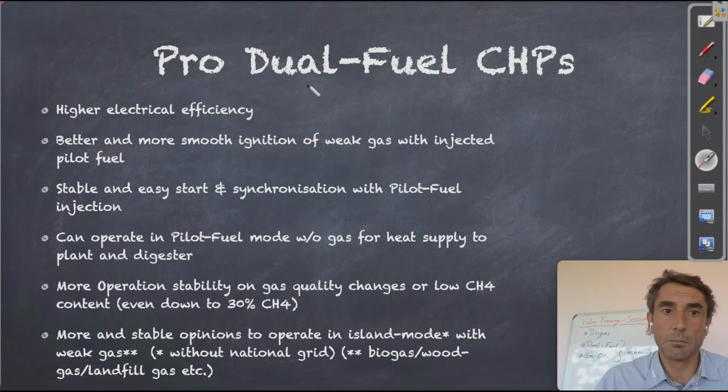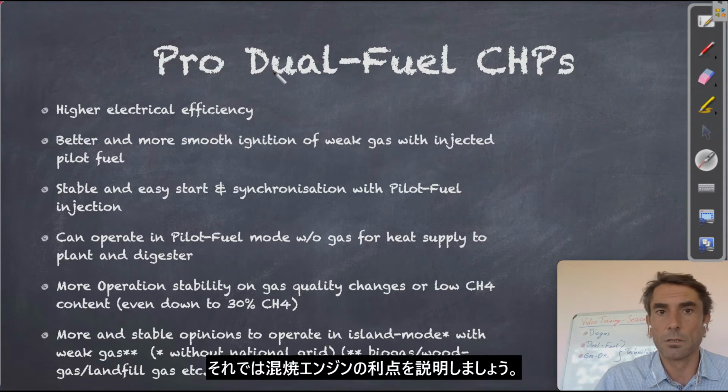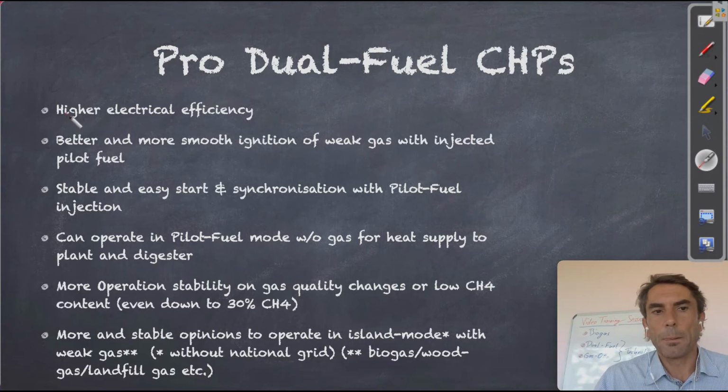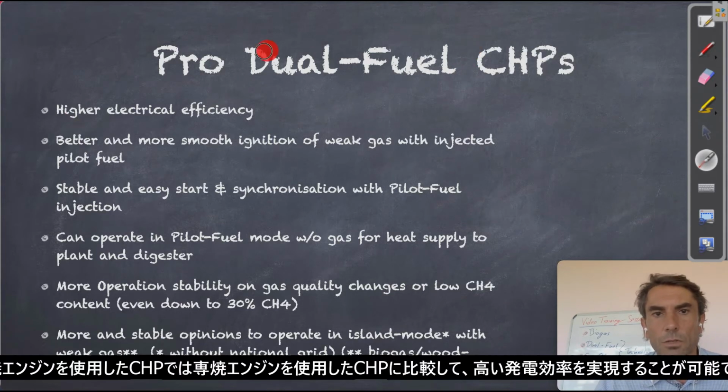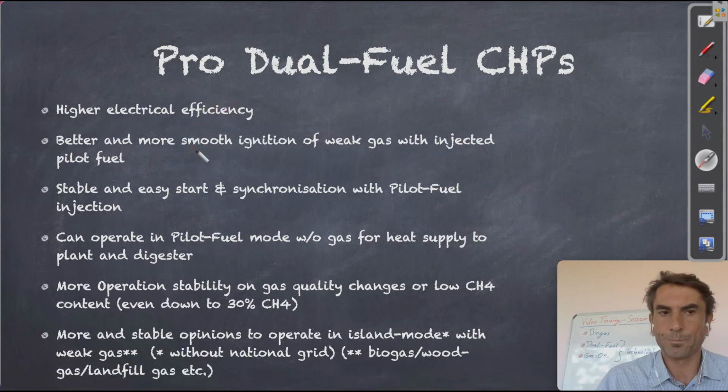Okay, the pros of a dual fuel CHP unit. Through the technology of the dual fuel system with a high compression ratio of the CHP, we get a higher electric efficiency out of that system.